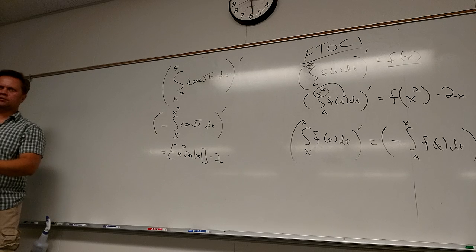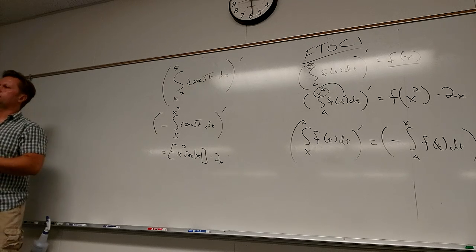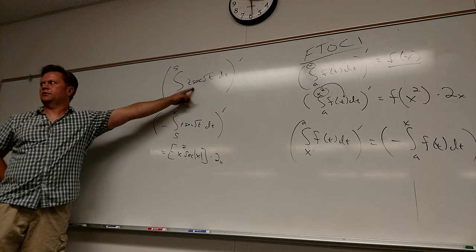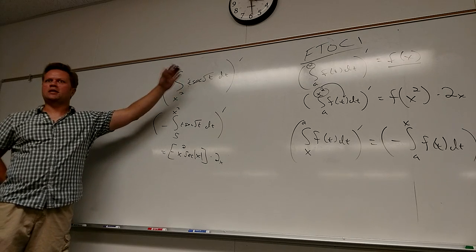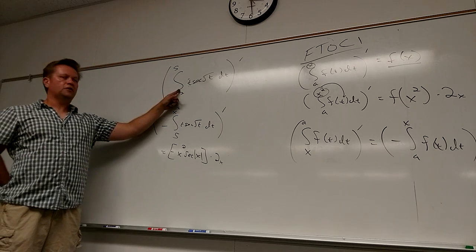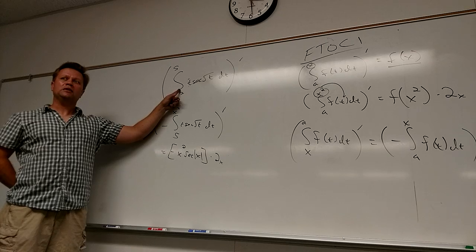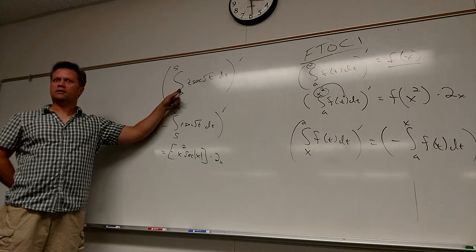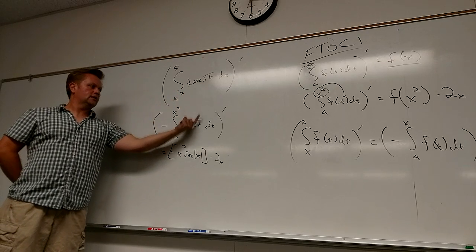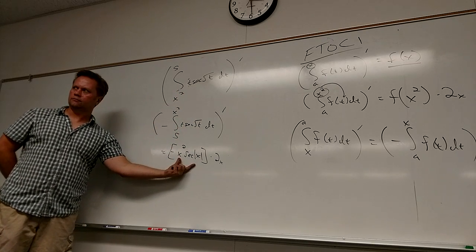Is that decent? Again, I know you think this is a whole new thing. But that is a function of x, is what this is. So I should be able to take its derivative like any other function of x. This is an integral function of x, so its derivative should actually be easy in some respects, because the derivative undoes an integral. The inside stays the same all the way through.